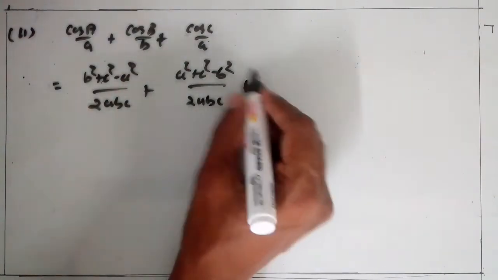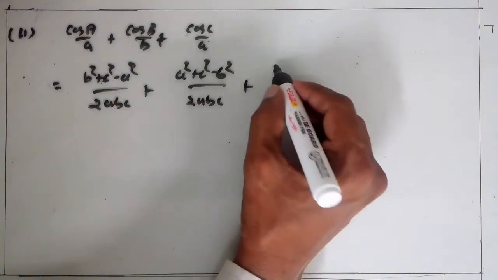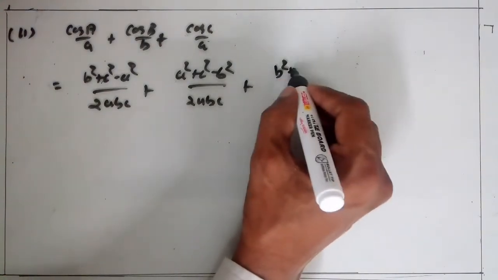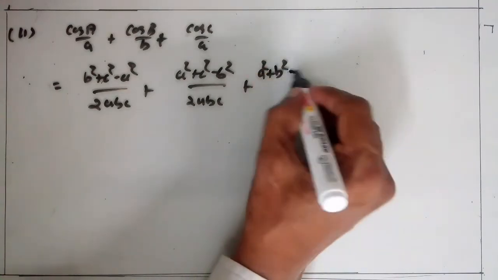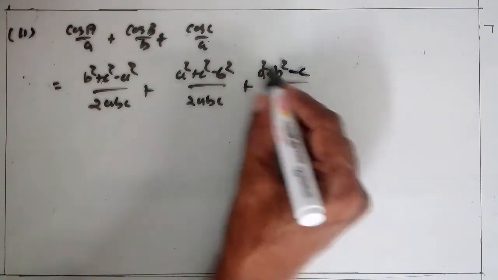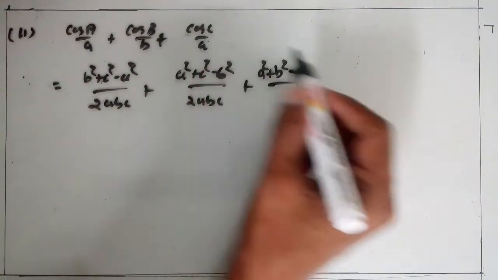Clear? Plus cos C is equal to (a square plus b square minus c square) upon 2ab into c.